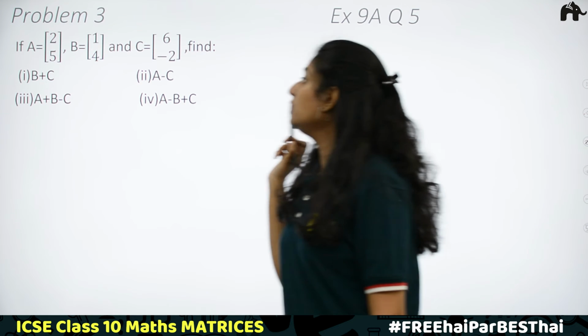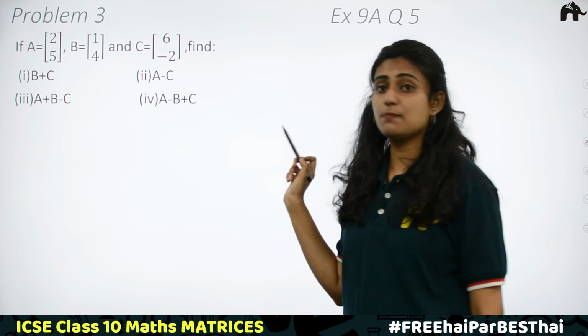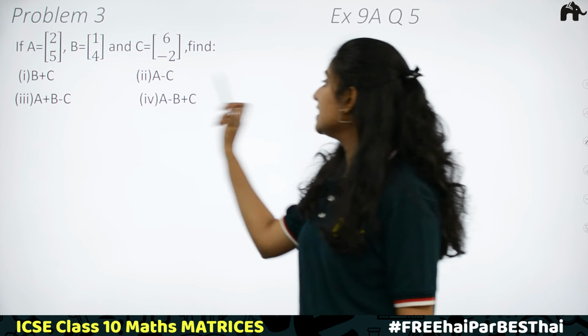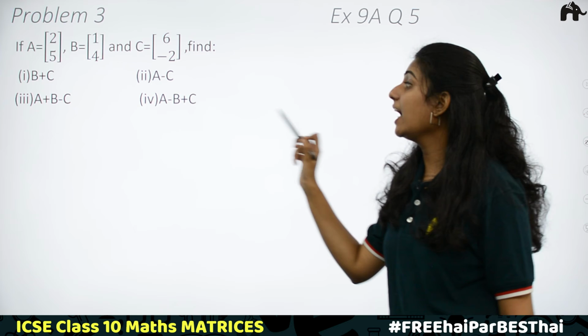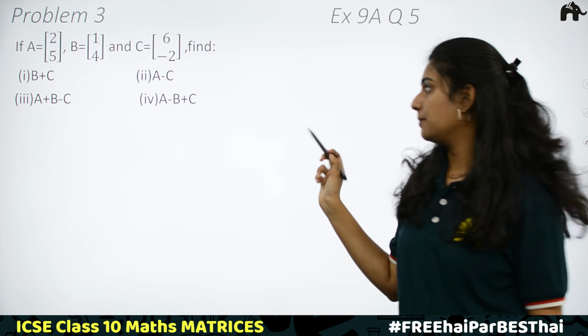If A is equal to 2, 5, B is equal to 1, 4 and C is equal to 6 minus 2, find first question B plus C, second A minus C, third A plus B minus C and fourth A minus B plus C. Okay.